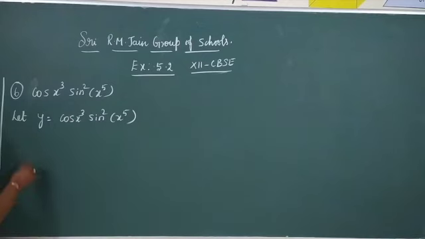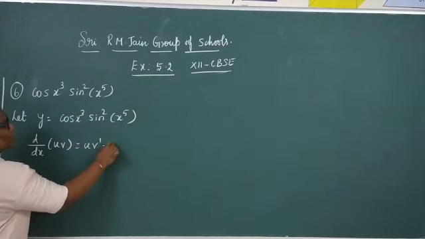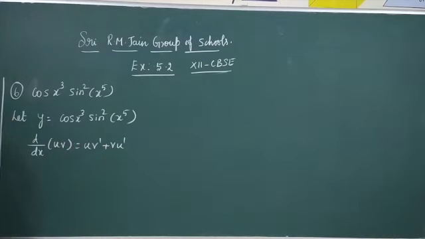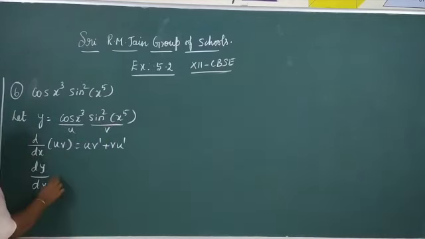What is the product rule? d by dx of uv equal to uv dash plus vu dash. That dash is nothing but differentiation, with respect to x. This is u and this is v. I will write it the same way.